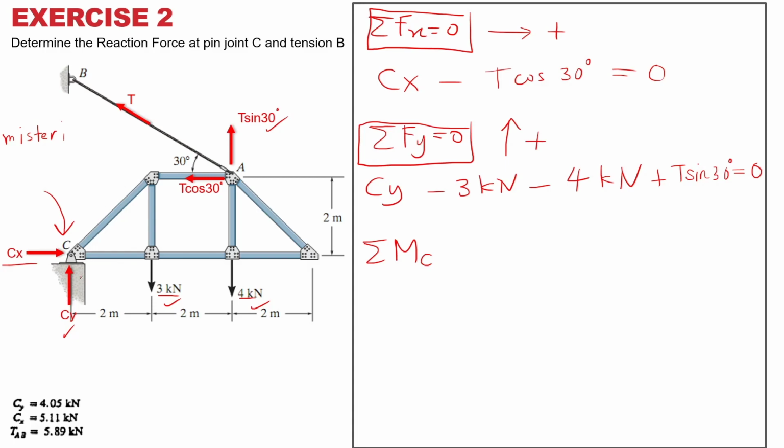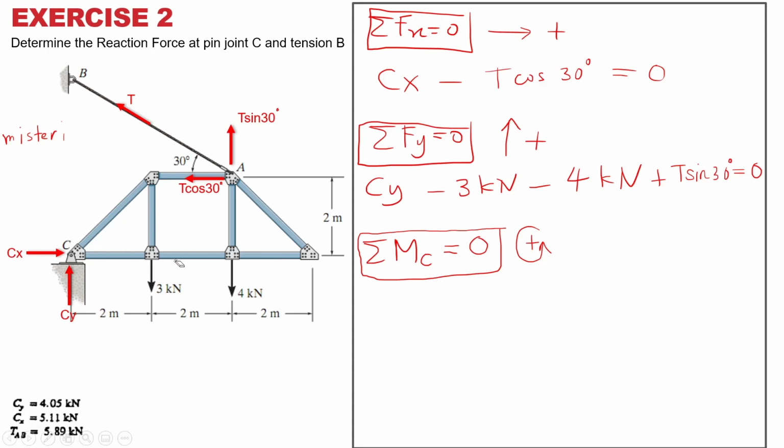So two unknowns. So we take moment at C. Summation of moment at C is equal to 0. Convention, counterclockwise is positive. So now let's put in all the values. Since C is the location where we calculate, Cx and Cy do not enter the calculation.